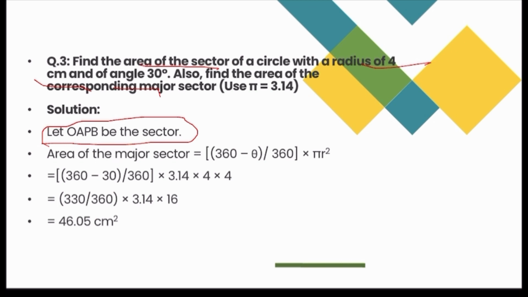We have already said the formula of the major sector: 360 minus theta by 360 into pi r square. Apply theta equal to 30, then multiply with the radius, that is 4, and take pi equal to 22 by 7 or 3.14. Then the final answer will be 46.05 centimeter square.